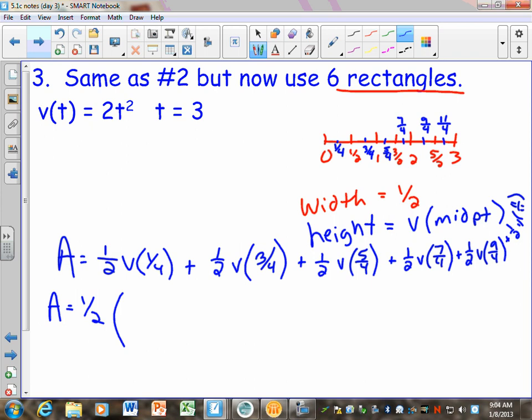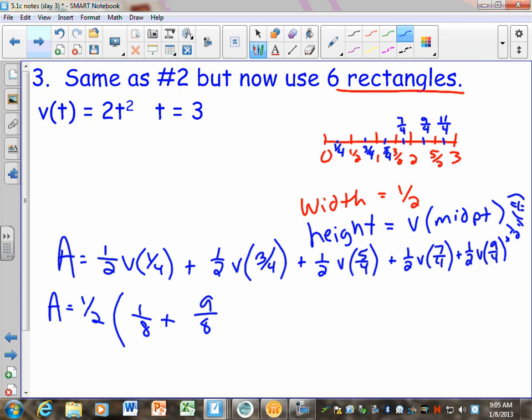We're going to run out of time soon, so I'm going to kind of speed this up. But 1/4 squared would be 1/16, times 2 would be 1/8. 3/4 squared would be 9/16, but then times 2 would be 9/8.